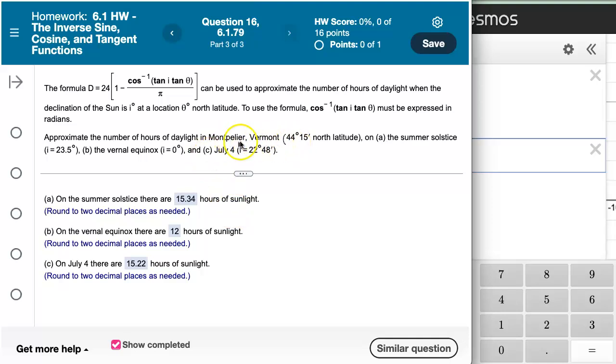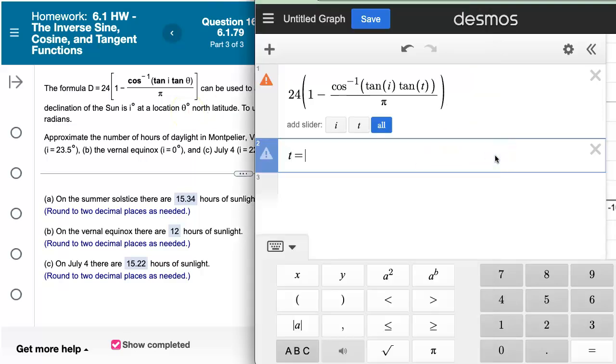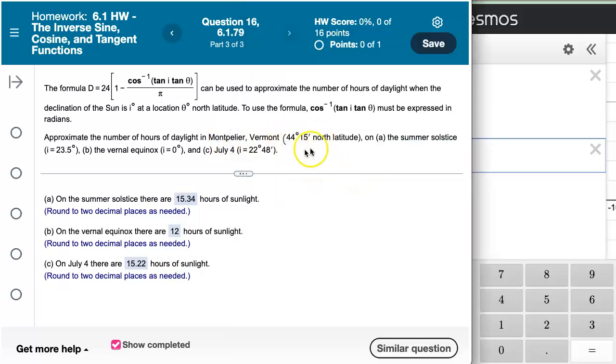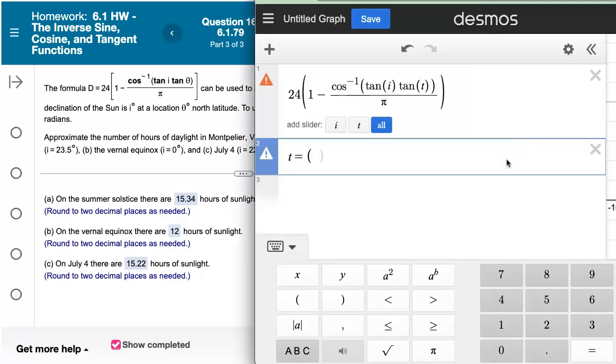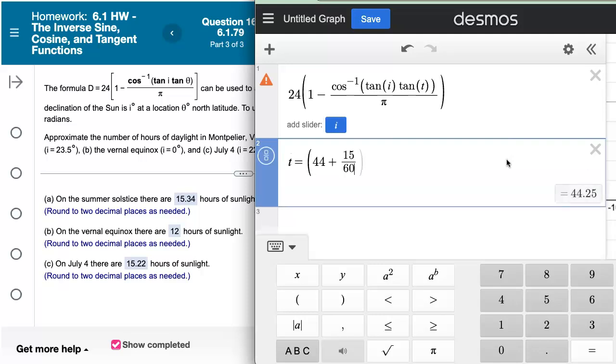So this first location value that we're given with the degrees north latitude, that is a value for theta in particular. So I'll come back to Desmos and type in T equals. And then I want to express these degrees as radians. Well, first of all, it's degrees and minutes, so I can express it like this.